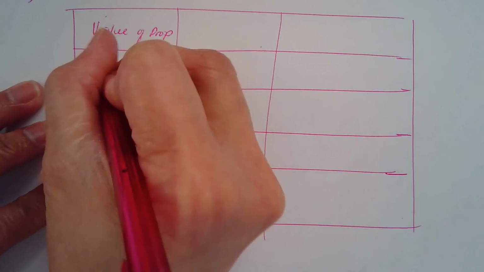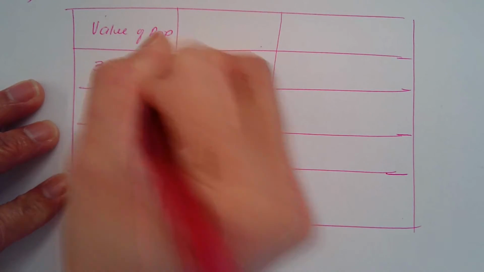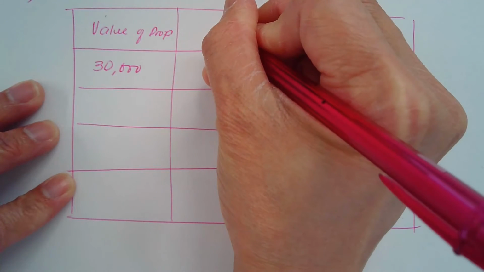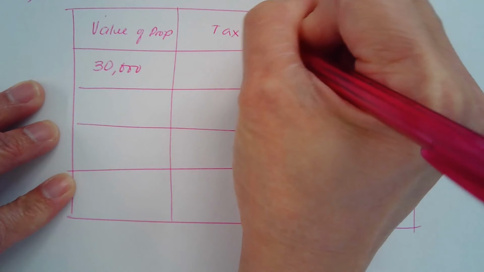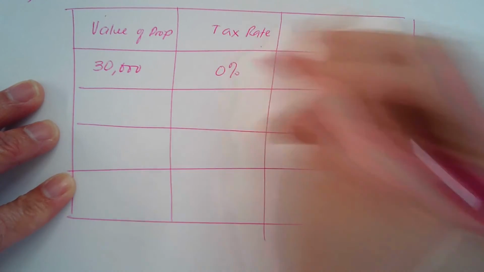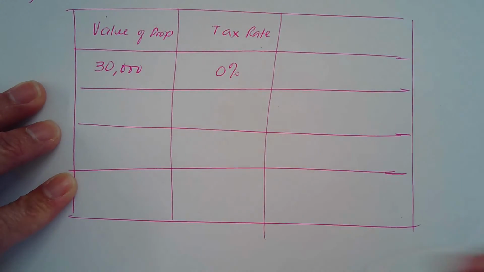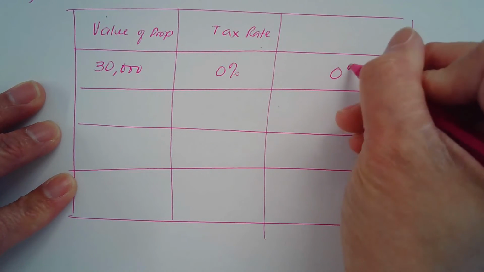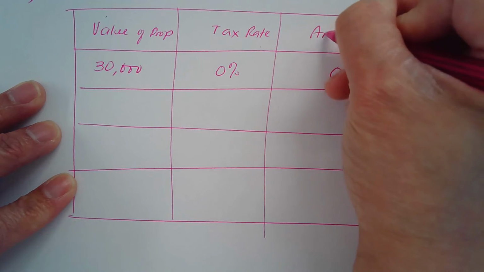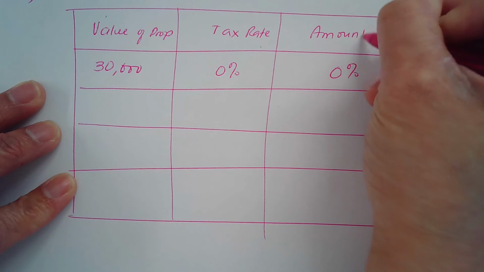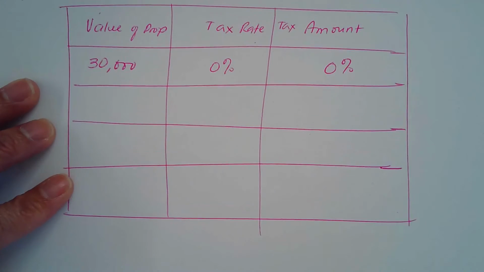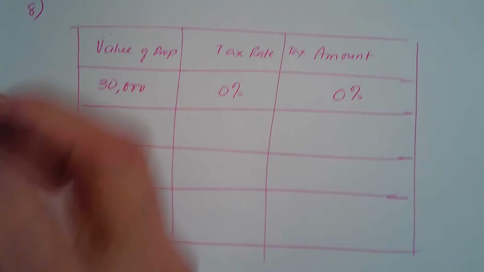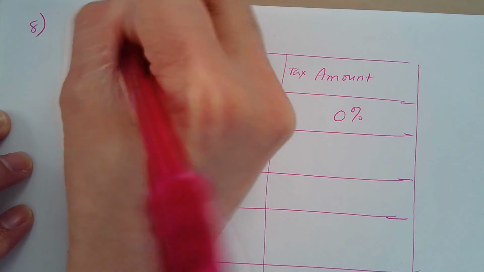So the first 30,000, you put 30,000 there. How much is the tax? Tax rate? 0%. So 30,000 times 0 is $0. Tax amount. Remember it has to add up to 240,000.